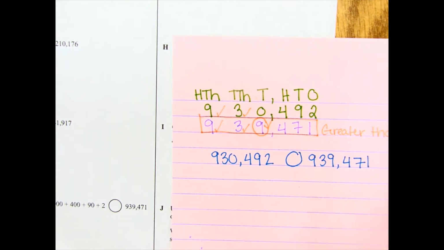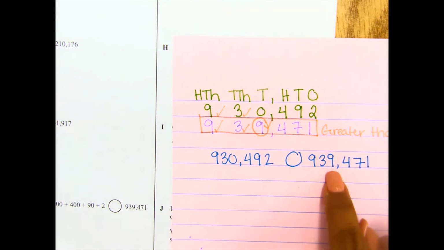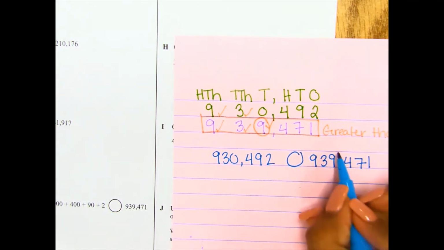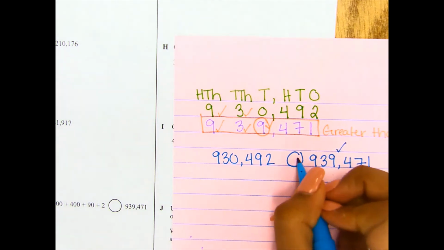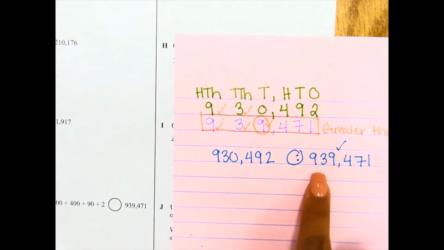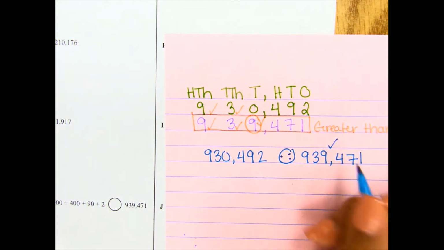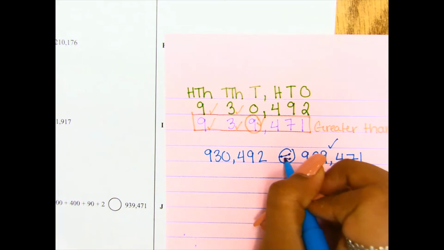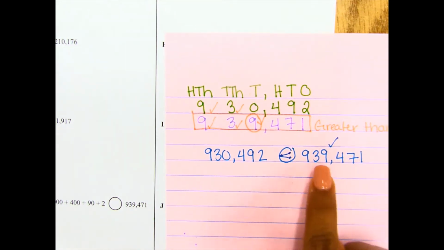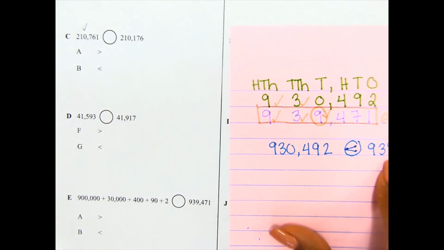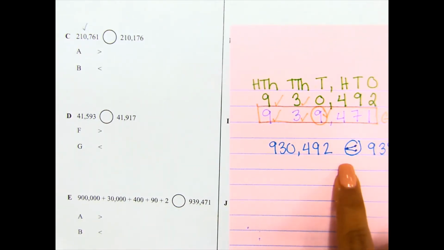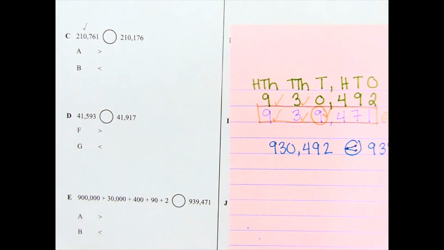Again, we've already proven that this is my greater number. So I'm going to put a check mark here. I have 2 dots facing the direction of my larger number and 1 dot at my smaller number, and I connect it. Again, the alligator wants to eat the larger number. Never forget that. So what symbol matches this? A or B? Correct. B would be my answer.